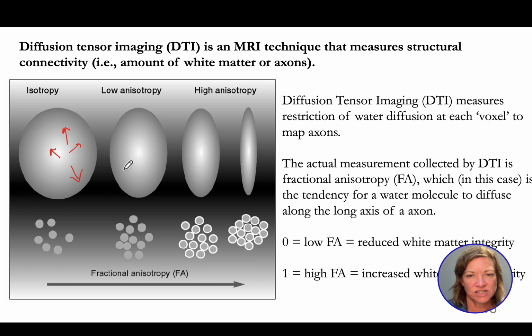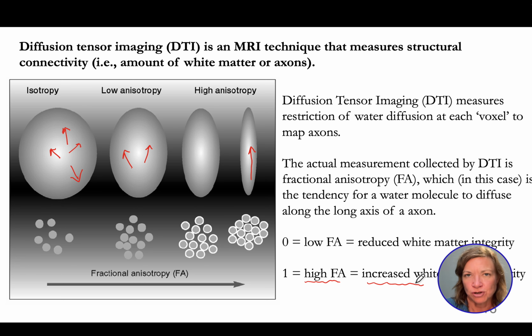In low anisotropy, they're similarly unrestricted, but they're going to bounce off the walls sooner. And as anisotropy increases, the direction of travel of those water molecules and their protons is restricted. And so the high fractional anisotropy is interpreted as increased white matter integrity in white matter regions of the brain.